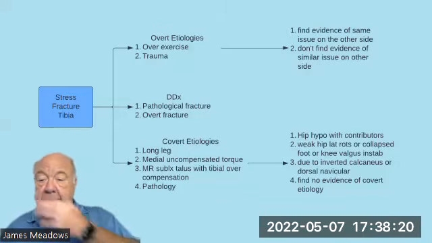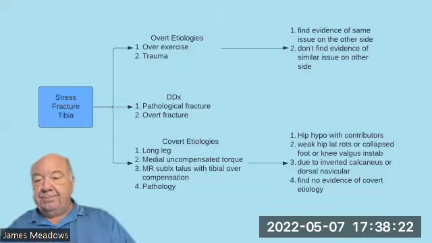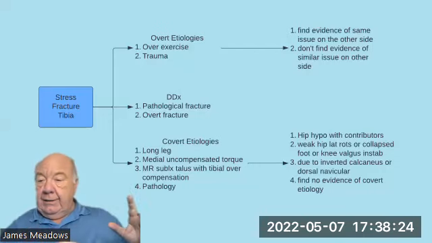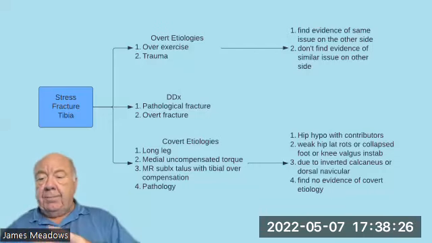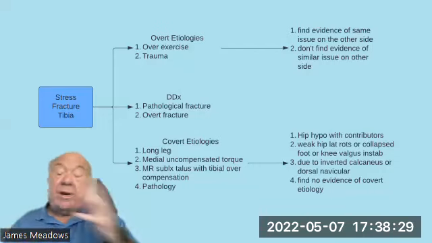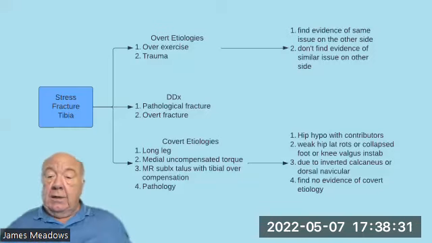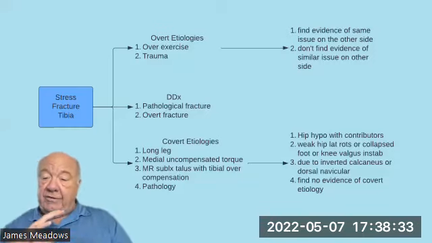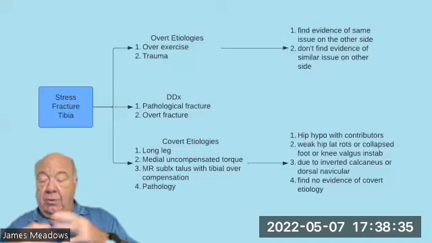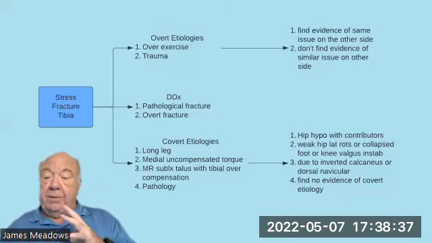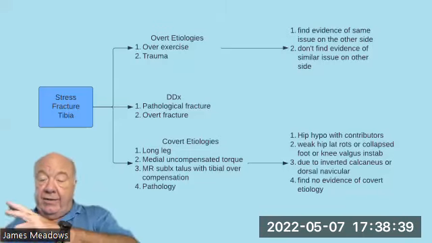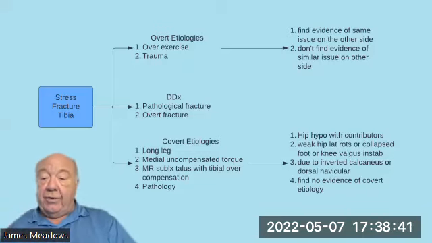The hip rotators may be weak, or the foot intrinsics may be weak for whatever reason. We talked about this before, and in that case, the whole leg is going to tend to medially rotate, which is your torque. It's not being pulled out, and the other leg and the other joints cannot compensate for it, and things start to break down.